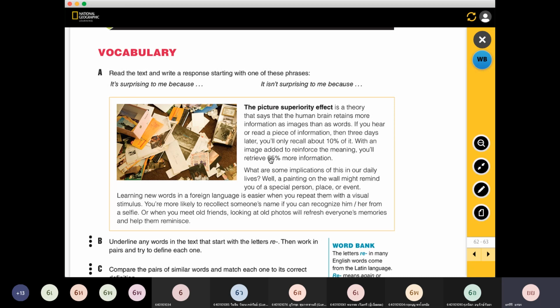So I just want you to skim just a little bit and then we can talk about this passage. I'll give you about 2 minutes to skim through it and then we can discuss just a little bit about this.